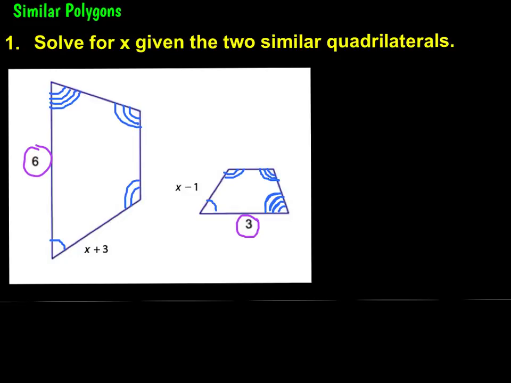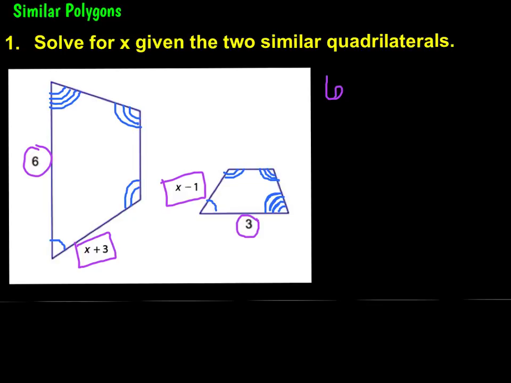Okay. And then I also know that x plus 1 would have to go with x plus 3. So what you do to solve for x is you set up a proportion. We could start with the side that has the 6. So we write a proportion.